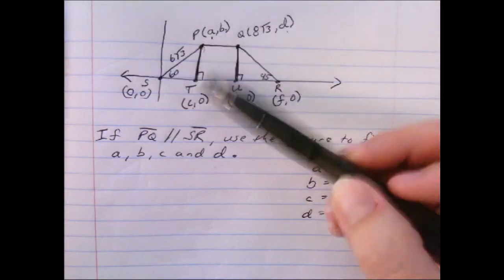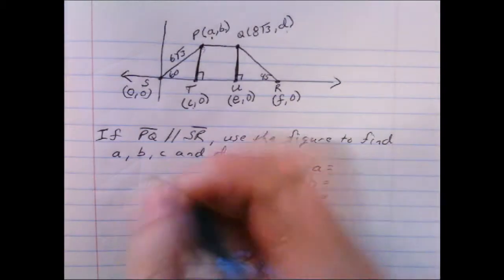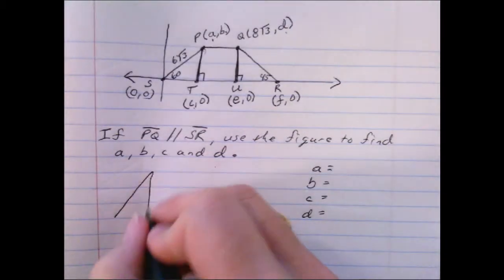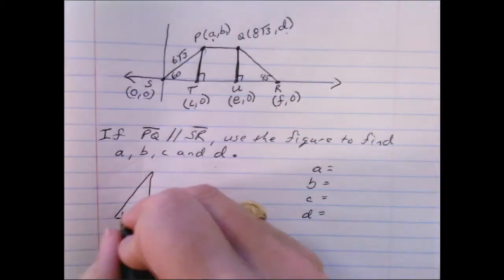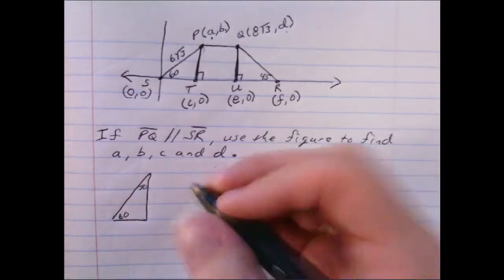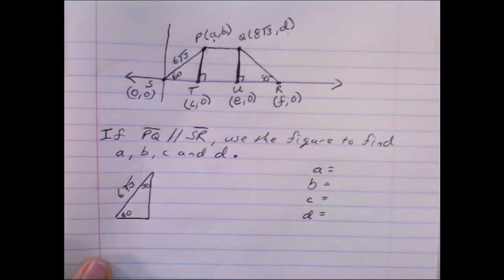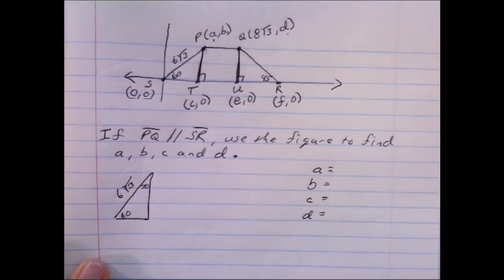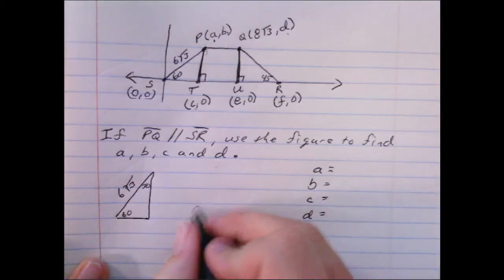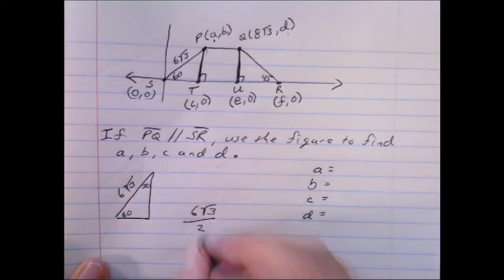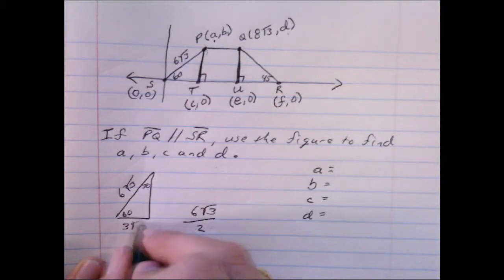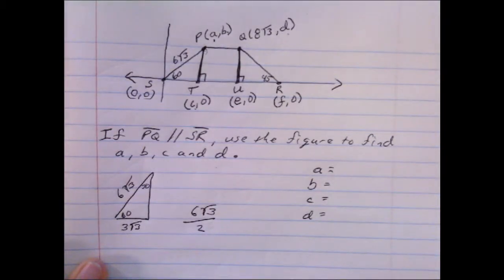So let's start with A, B, and C. We're looking at this 30, 60, 90 triangle. So I'm going to bring it down here. This is my 60. Here's my 30. We know that the hypotenuse is 6 square root of 3. We know that the relationship between our hypotenuse and our short side would be half. So 6 square root of 3 divided by 2, we end up with 3 square root of 3 for that side down there.